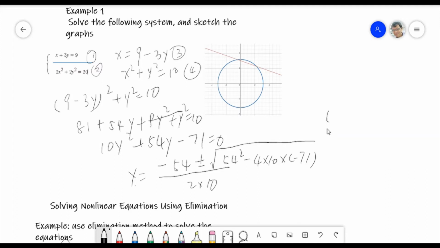The first point is x equals 2.22, which is not exact, it's a bit of a square root, so close to 2.22. y equals 2.26.